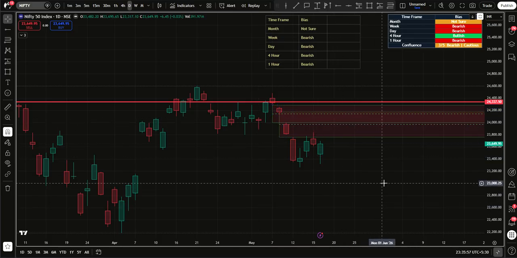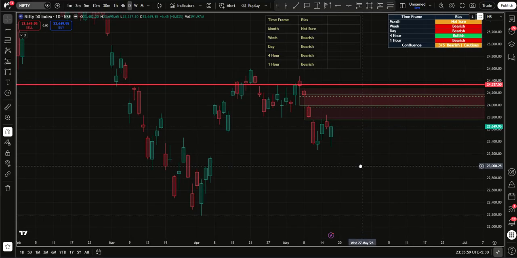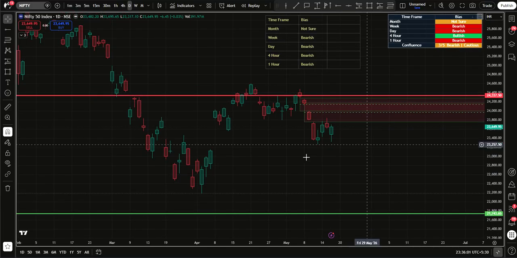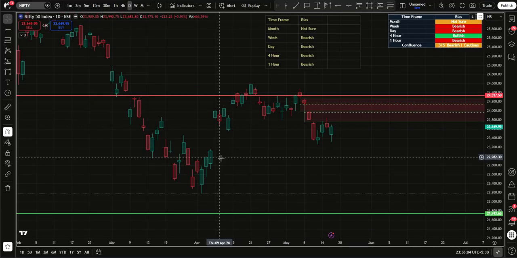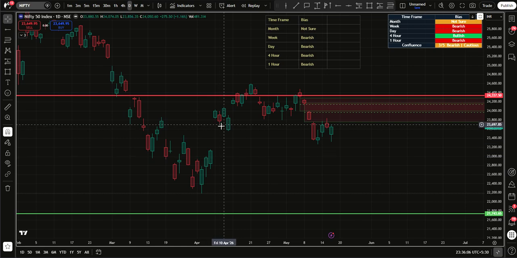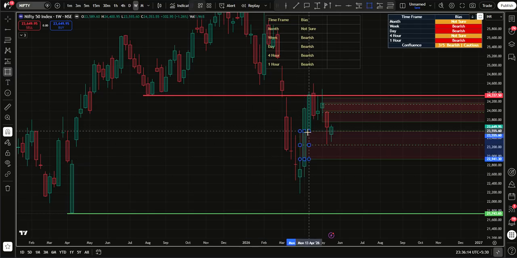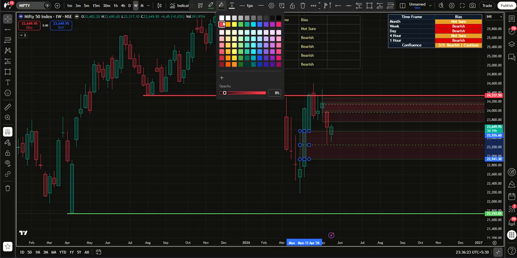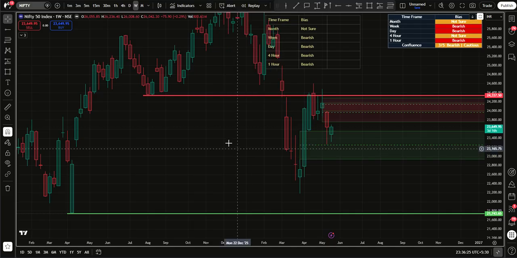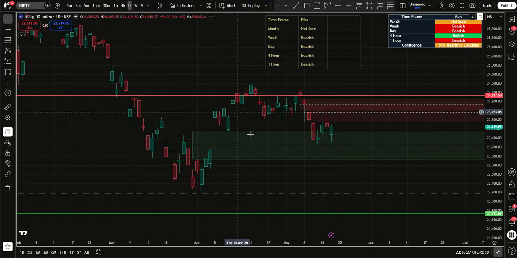That's big sell side liquidity. And what's on the buy side? On the buy side, there's a fair value gap that's right here. Well, let me go back to the weekly time frame and perhaps mark this bullish fair value gap here. That was respected, but it's being tested again. Mark it in green. That's a weekly fair value gap.